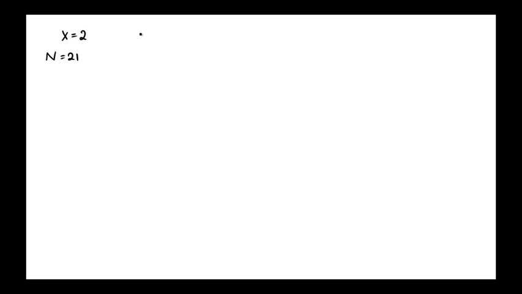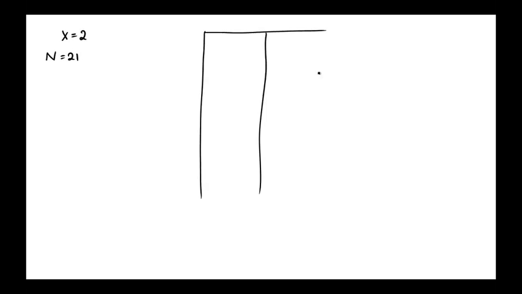Now let's build up a table, where here we have the number a, and here we have x to the a mod n. Think of this as f of a.